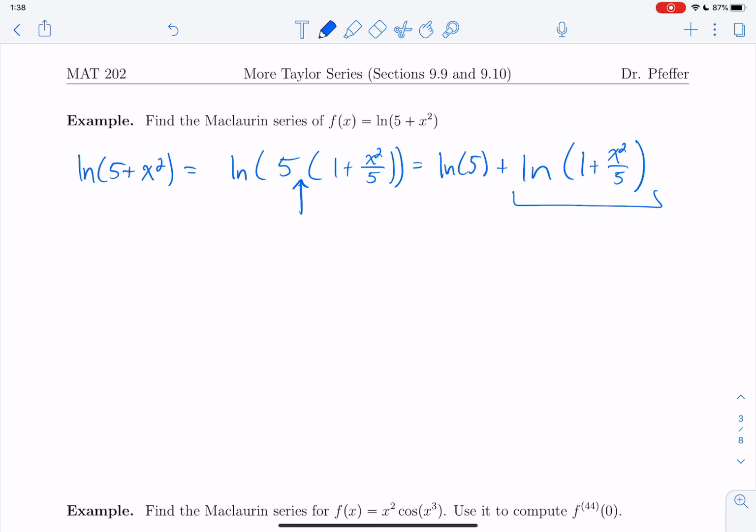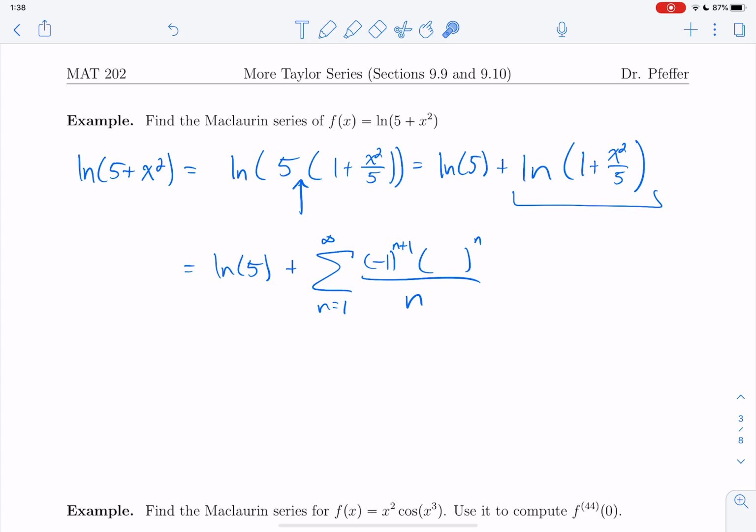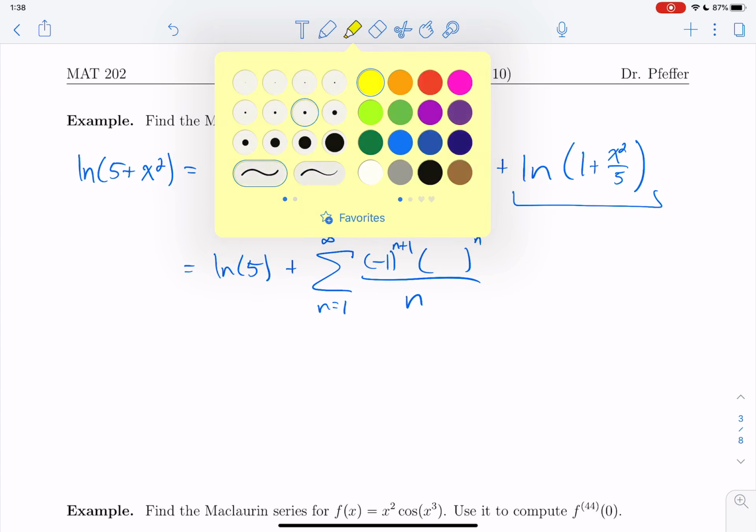This has a power series, or a Maclaurin series, associated to it. And so if I just use that, this will become the series from 1 to infinity of negative 1 to the n plus 1 times x to the n over n, where that x now is just going to be this x squared over 5. That's the highlighted feature here.